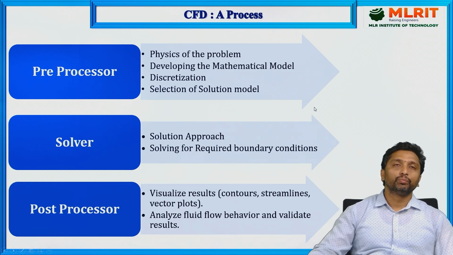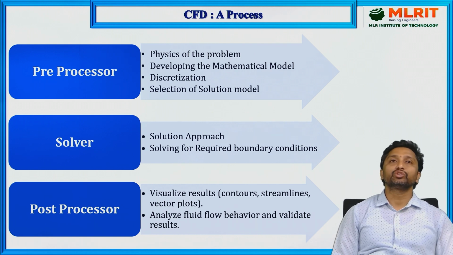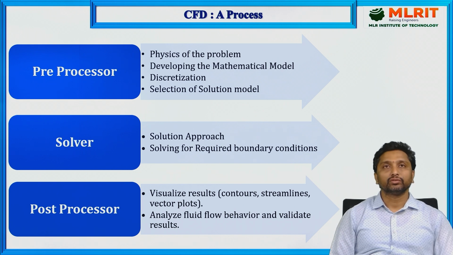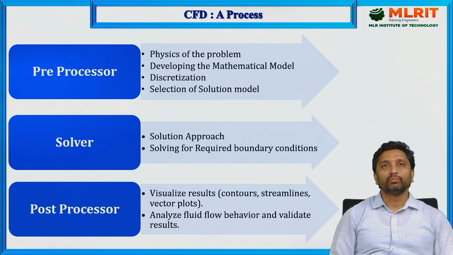The preprocessor basically involves, the first step is understanding the physics of the problem. Until we understand the nature of the problem, we cannot decide what type of equations are involved. So what are the relations between any two parameters of the flow? We try to decide the parameters based on the physics of the problem.